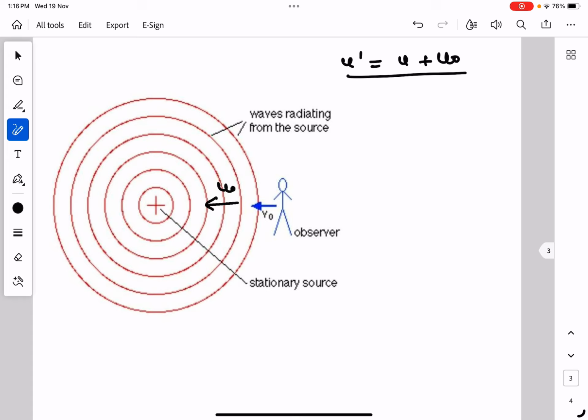So this will reduce the time period of the waves. So new time period would be equal to lambda upon v dash. This would be equal to lambda upon v plus v naught. Lambda can be written as v upon f.